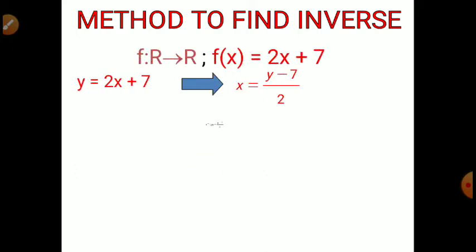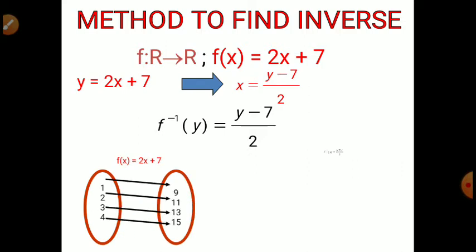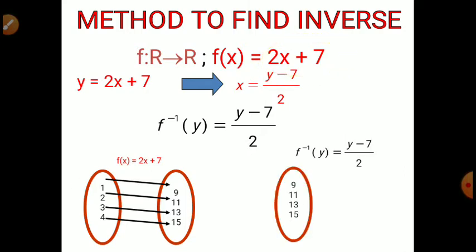Now how do we find the inverse if a function is given to you? We have to consider y equals f of x. As in proving onto, we take y from the codomain and equate it to f of x, and from that you need to find x. So f inverse you are going to get. If f of x is equal to 2x plus 7, then f inverse of y is y minus 7 by 2, and f inverse of x is x minus 7 by 2.